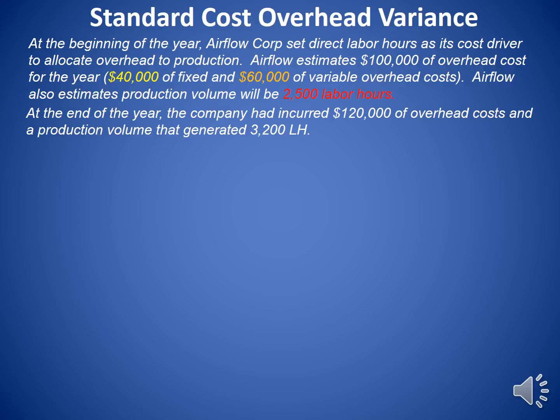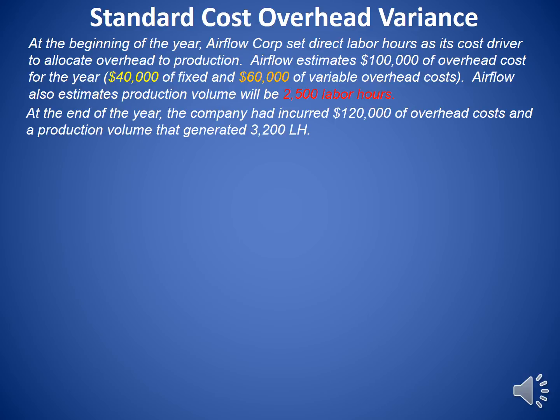Airflow estimates $100,000 of overhead costs for the year, and they estimate $40,000 of our overhead cost will be fixed, and then $60,000 of those costs will be variable. Airflow also estimates our production volume will necessitate 2,500 labor hours.